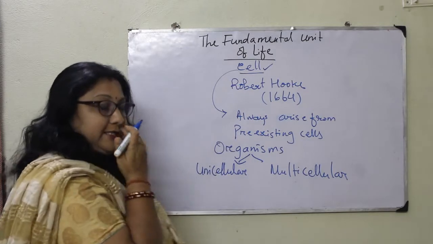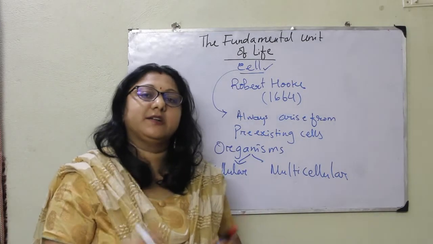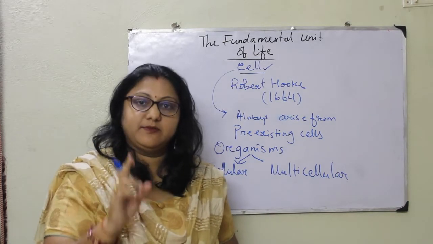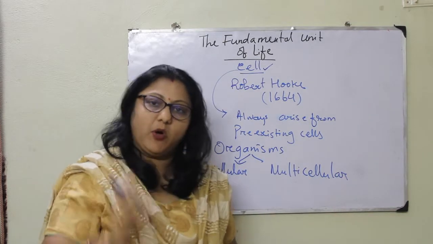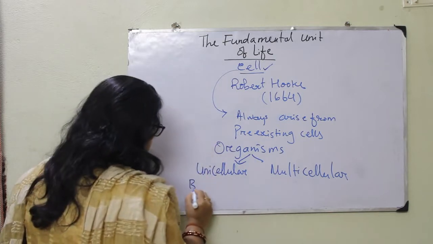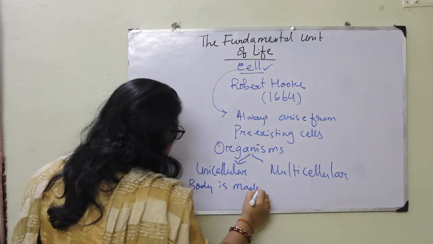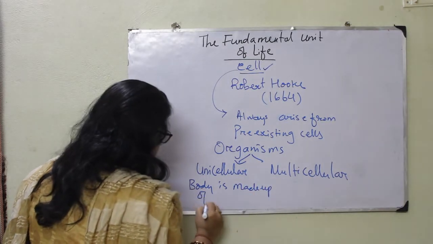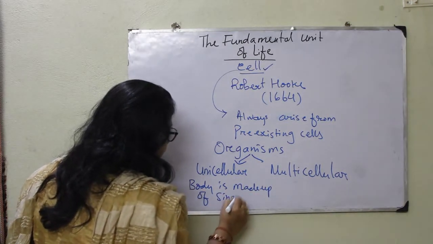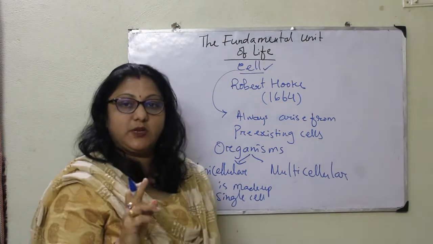Okay, unicellular and multicellular. Now, if the particular organism is made up of a single cell, the whole body is made up of a single cell, then they are called as the unicellular organism.